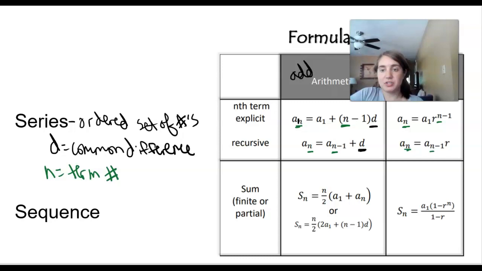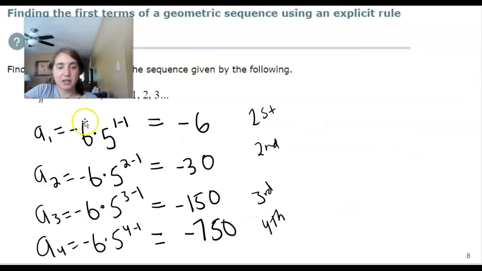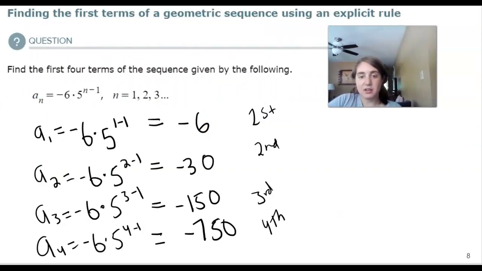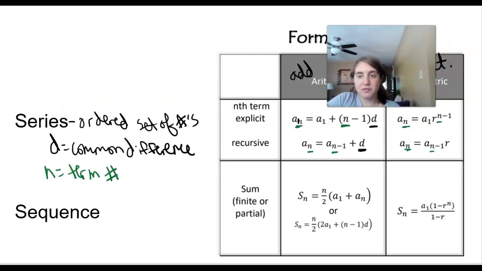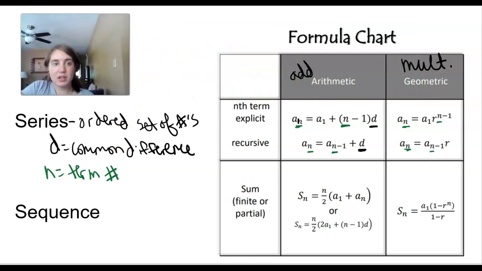Now the type we just dealt with, sorry if I go back, we multiplied by 5. So this was like times 5, times 5, times 5, and this is where I see the 5 show up in the equation. So we're going to recognize that in our formula chart. That R, we call that the common ratio. And that's what we would multiply by.